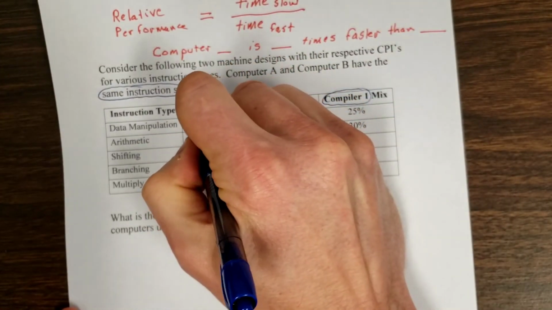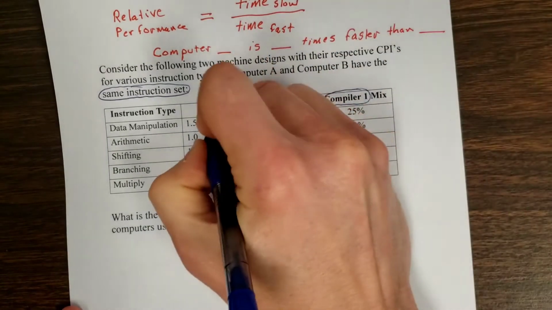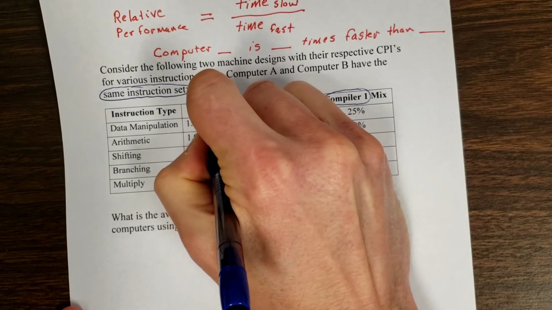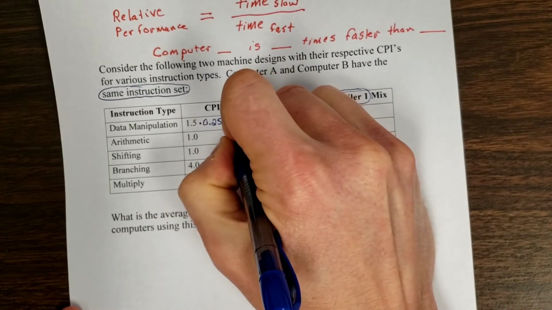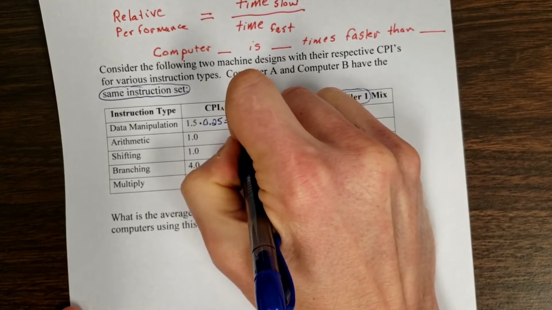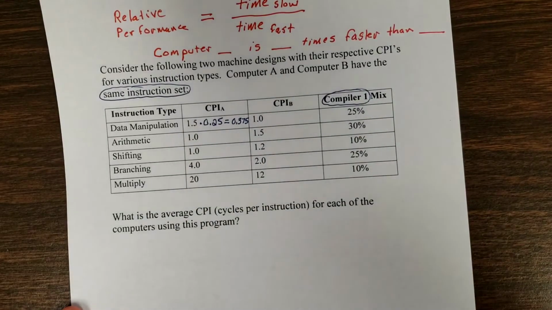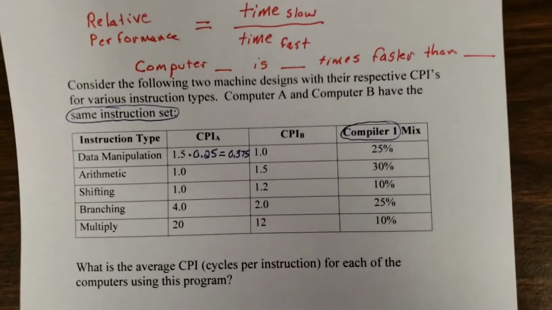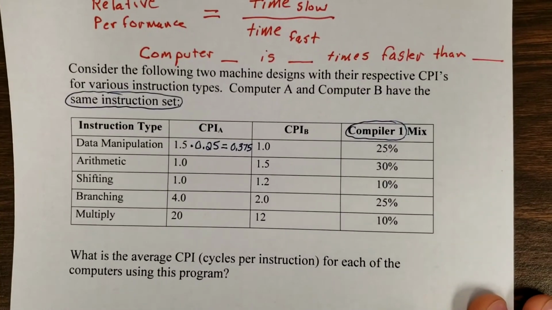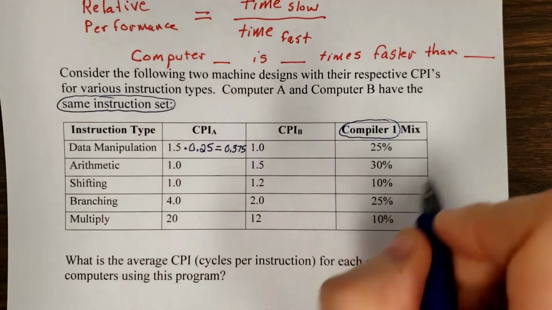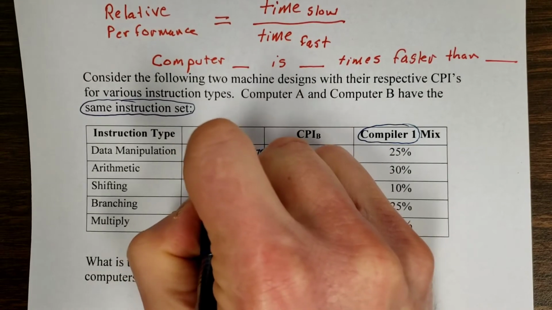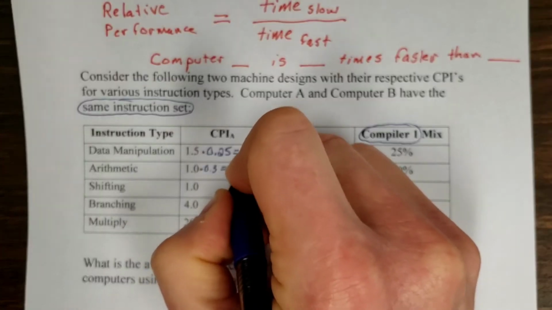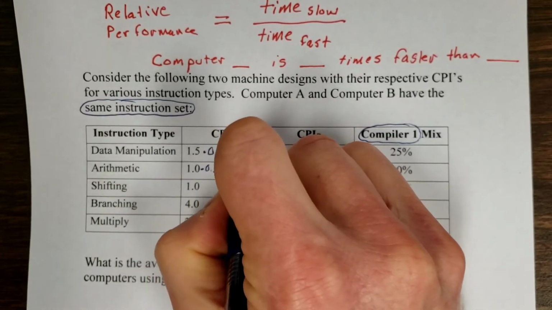We would take 1.5 times 0.25, and that's going to be equal to 0.375. Then we've got 1 times 0.3, and that's going to be equal to 0.3.